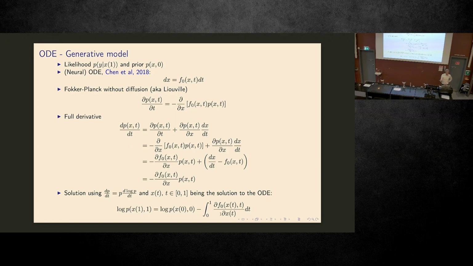So now we have an expression for calculating the probability at a time 1, for example, in terms of the probability at a time 0, where we have a simple distribution like this Gaussian distribution, and then we have this integral over time that depends on x of t, and x of t we find by solving the ODE, right? So we can solve the ODE, then plug that into this expression and integrate over time again, and then get the probability at time equals 1.